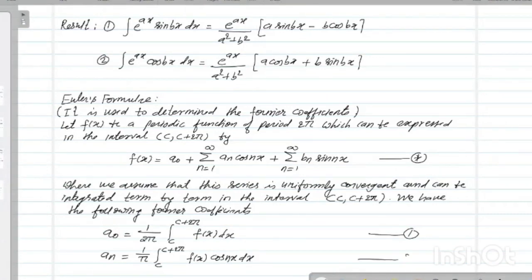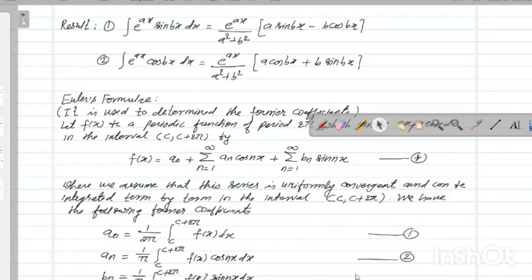Name this equation number 2. Now the next Fourier coefficient b n. Your b n is 1 upon pi, integration of limit c to c plus 2 pi, f of x sin nx dx. Name this equation number 3.